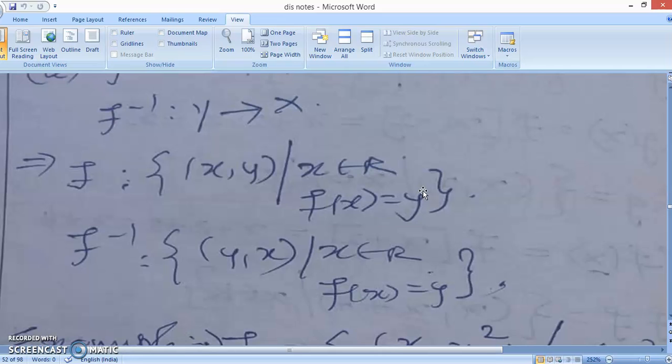In that pair form, write x in the place of y and y in the place of x. When we change them like that, we get a new pair. The elements are changing, such a pair you will get. That pair we call f inverse. So that pair we call it as f inverse.